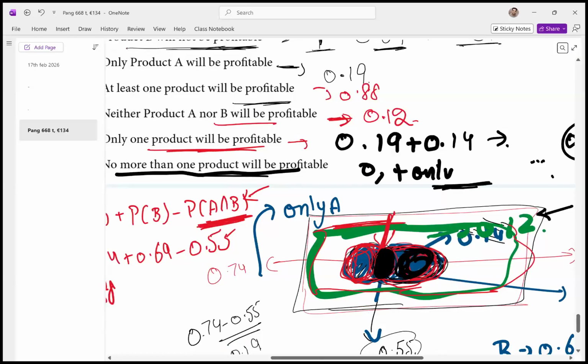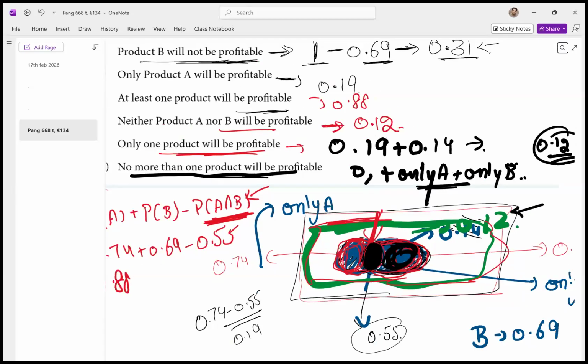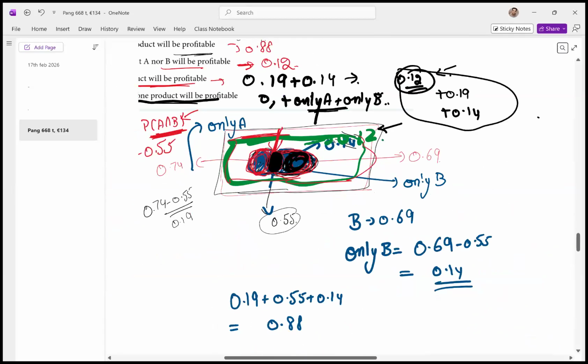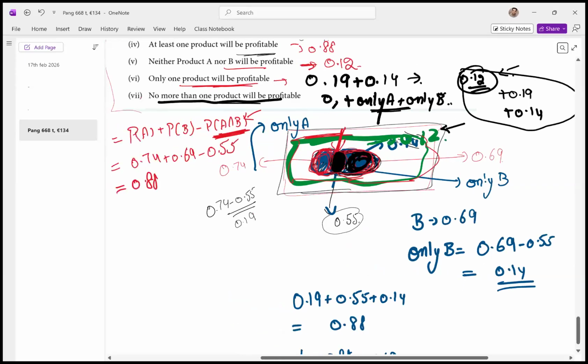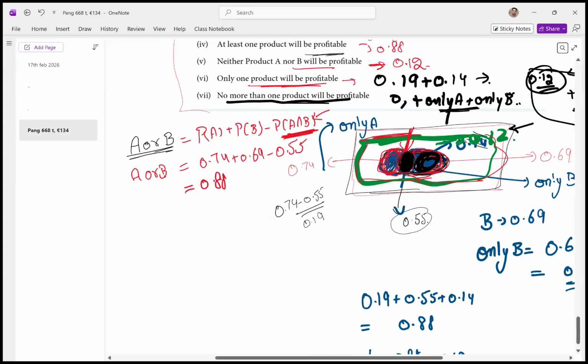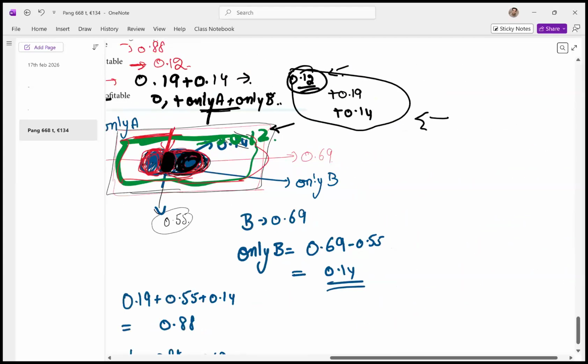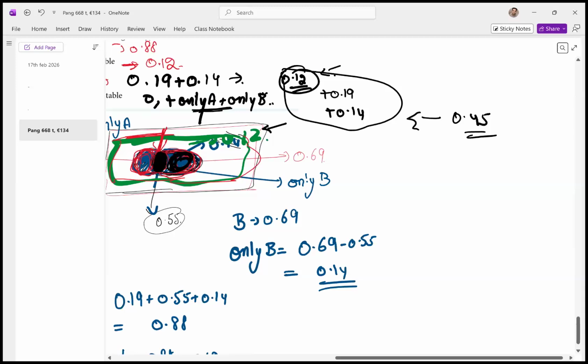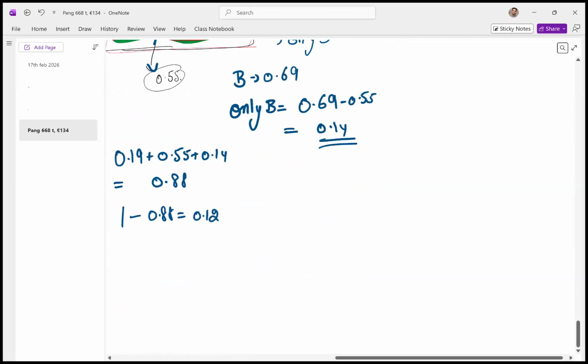Then it is only A plus only B. You add three numbers, that's going to give you the answer for the final part. That will come across as 0.45. So hopefully you were able to understand how to simplify these questions.